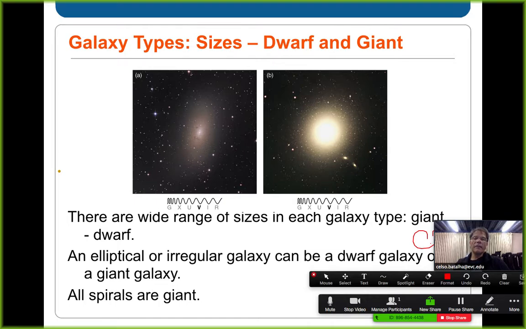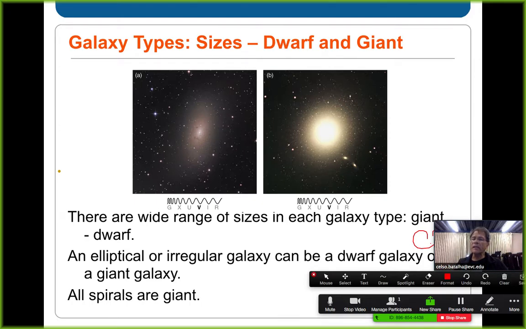Now, elliptical galaxies can come in different sizes, big and small, so they can be dwarfs and giants, as opposed to spiral galaxies. In general, spiral galaxies have about the same size, 100,000 light years in dimension, as opposed to elliptical galaxies, which can be dwarf and giant.